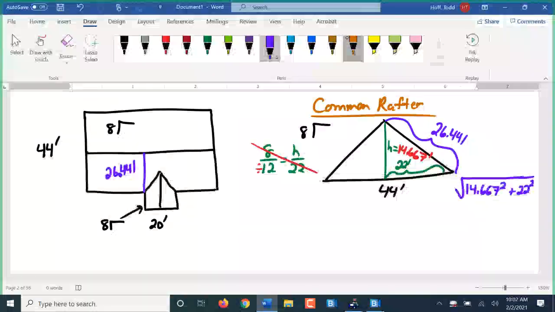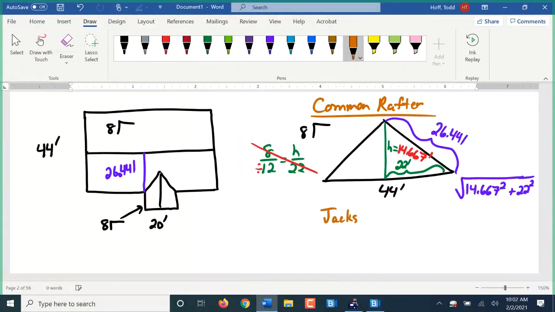Now we are then looking at the jacks. The 26.441 is the longest jack, so we're looking for the next jack, which would be right here, 2 feet over. The problem is since the peaks don't match, we don't have that triangle built in, so we've got to force it.